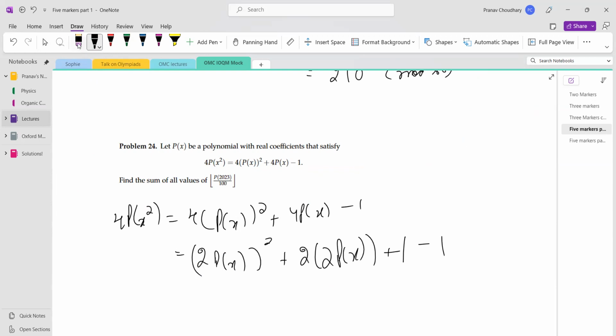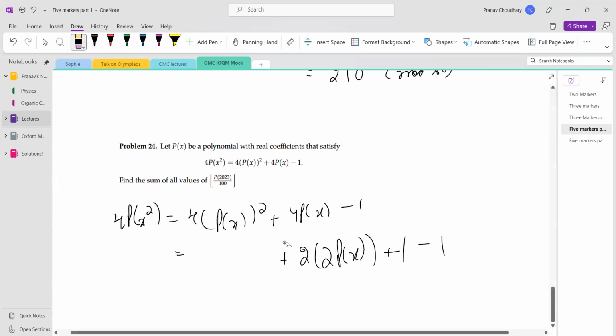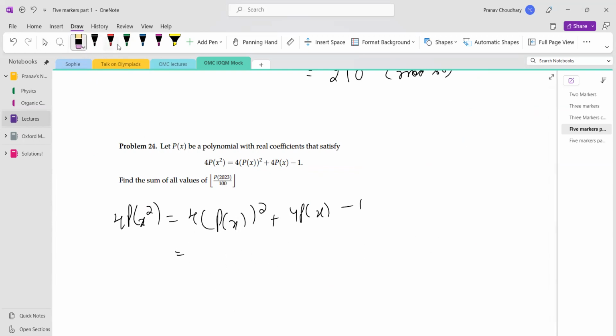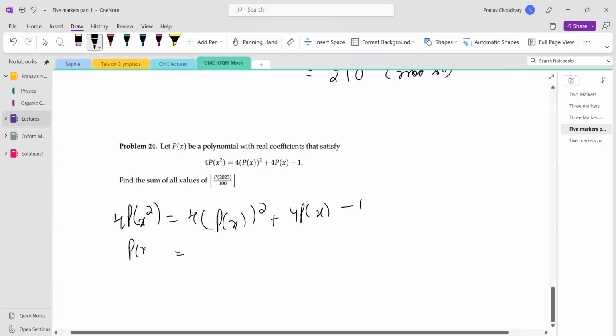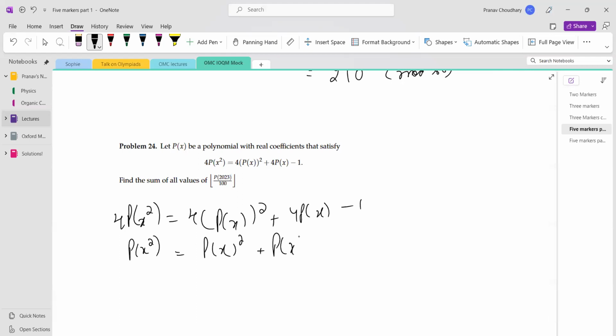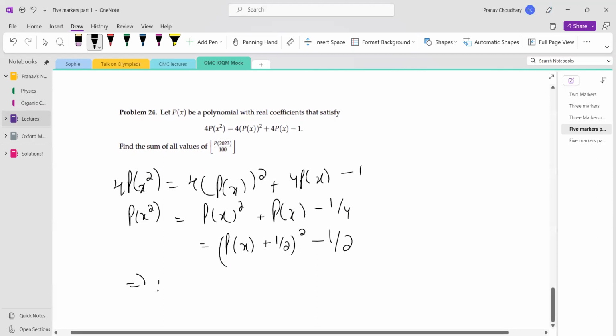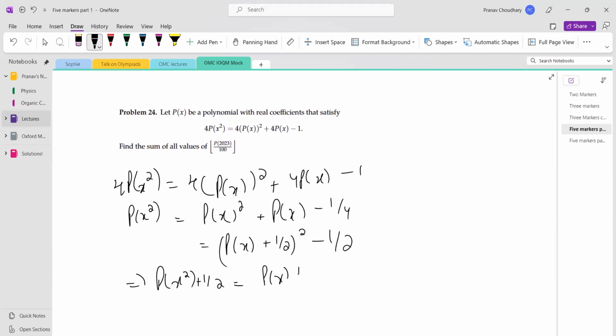Rather, I can write it like this: we just divide by 4 on both sides, which makes it easier to deal with coefficients. And this thing becomes P of x plus half whole squared, so P of x squared plus P of x plus 1 by 4 minus half. So this implies P of x squared plus half equals P of x plus half whole squared.